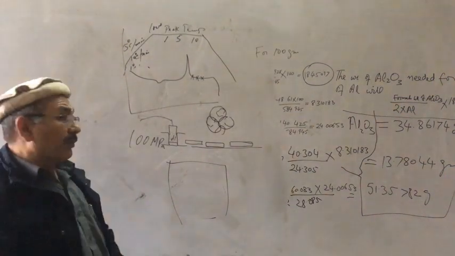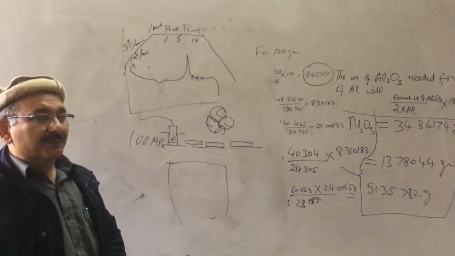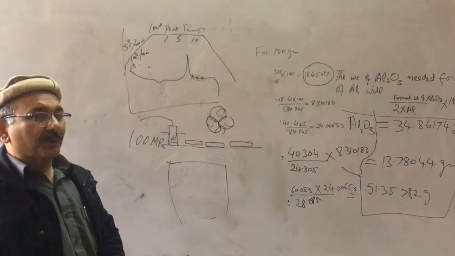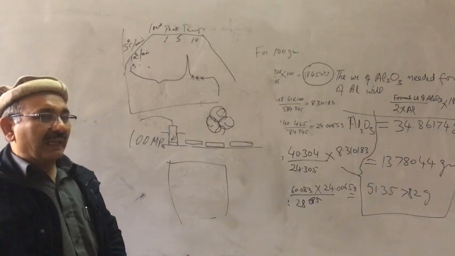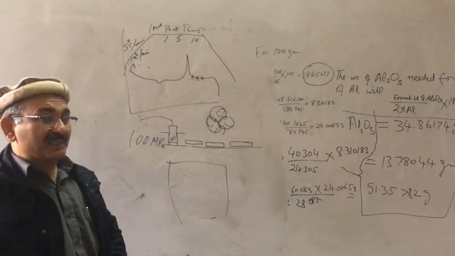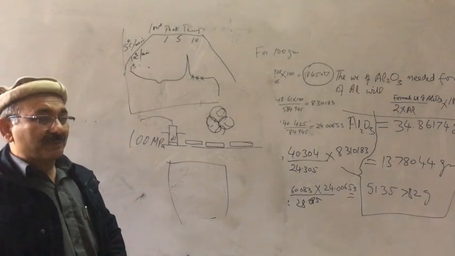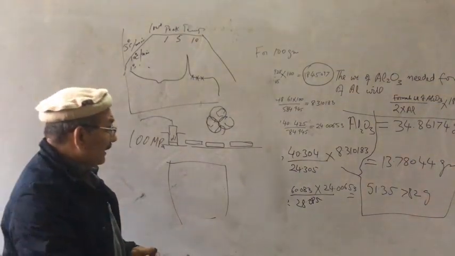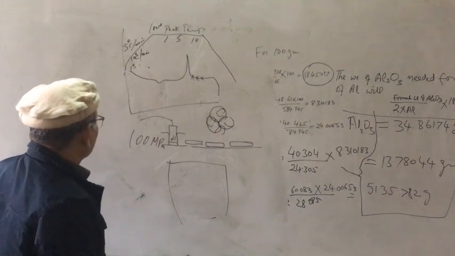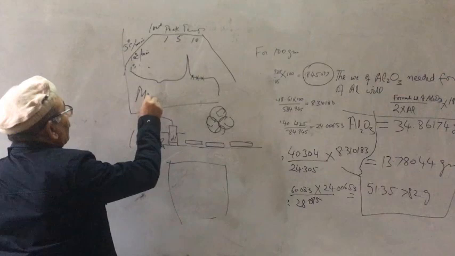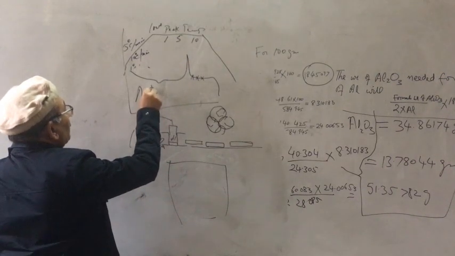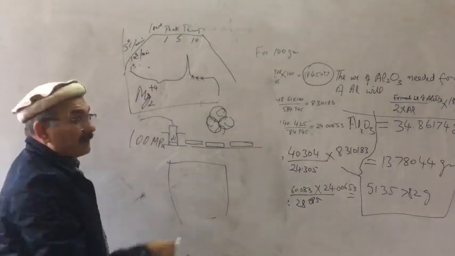So MgO, Mg is plus 2. Al2O3, look at it, O3 is minus 6, Al2 should produce plus 6, right? So this means Al is plus 3. Mg2, so it is plus 4.